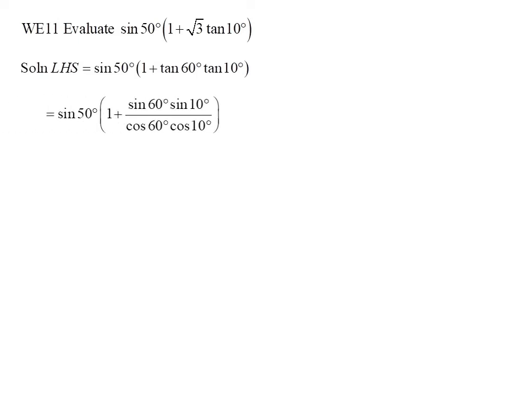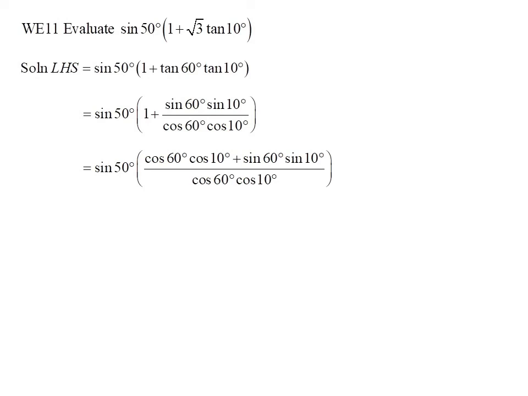The next step is to transform 1 plus tangent 60 degrees tangent 10 degrees to the ratio of the product of sine 60 degrees and sine 10 degrees to the product of cosine 60 degrees and cosine 10 degrees, which equals cosine 60 degrees cosine 10 degrees plus sine 60 degrees sine 10 degrees, over the product of cosine 60 degrees and cosine 10 degrees. Then we apply the addition formula here to simplify the numerator, which equals cosine(60 minus 10 degrees).